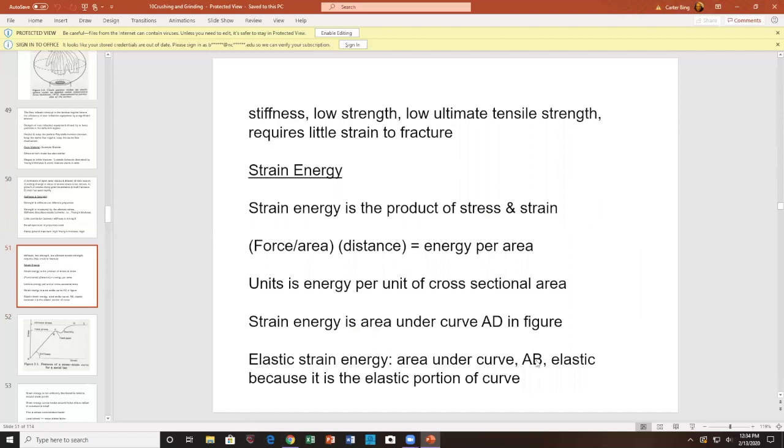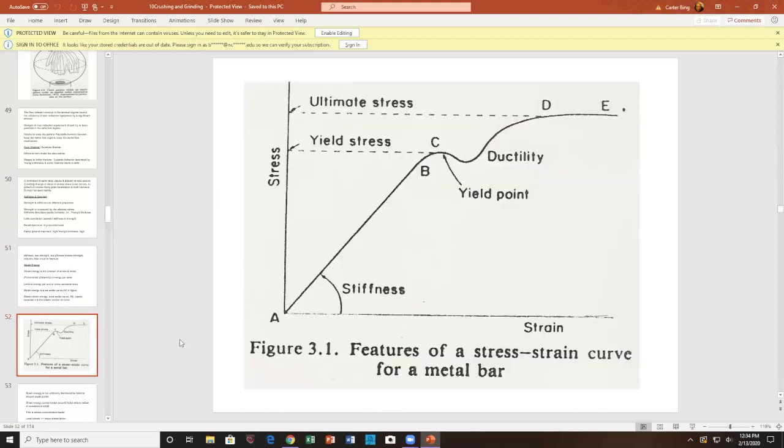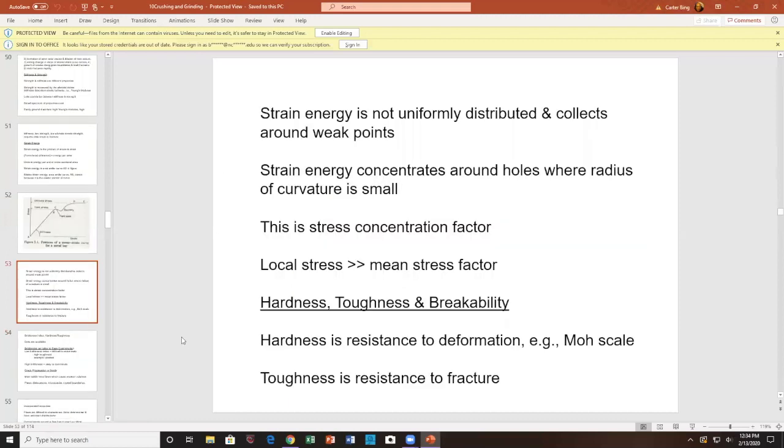Strain energy is the area under the curve, elastic because it's the elastic portion of the curve. You're riding up and down this curve, you impulse energy in, you impulse energy in, you impulse energy in, and that energy collects as heat. And hopefully that does not cause problems for you.